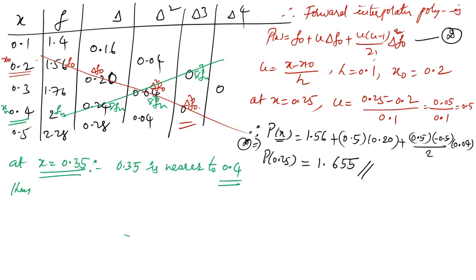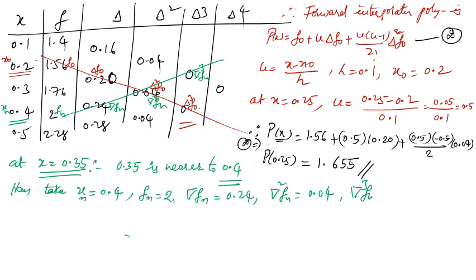Then take xn equal to 0.4. Then Fn equal to 2, del Fn equal to 0.24, del square Fn is 0.04, and del cube Fn is 0.